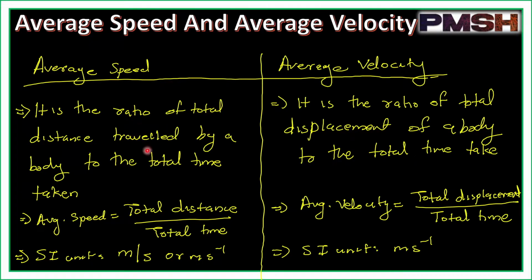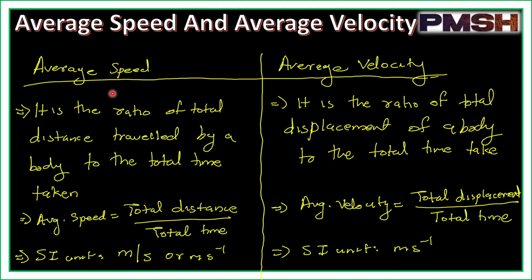Then you get the average speed for that journey. The equation can be written as average speed is equal to total distance by total time. The SI unit of distance is meter and of time is second, so it is meter per second. Clear? Speed is basically a scalar quantity.